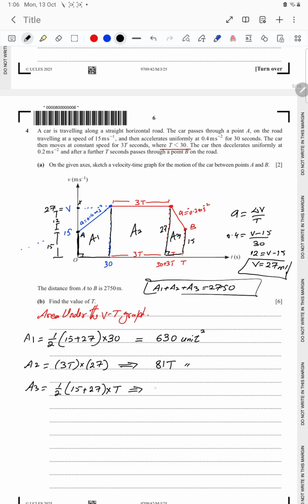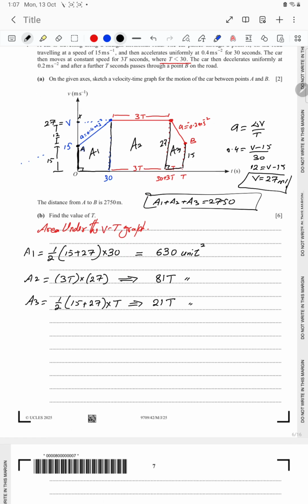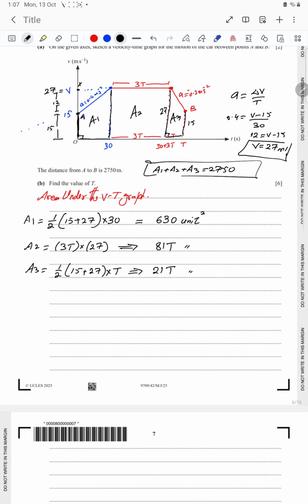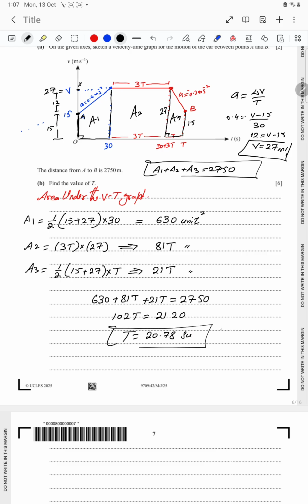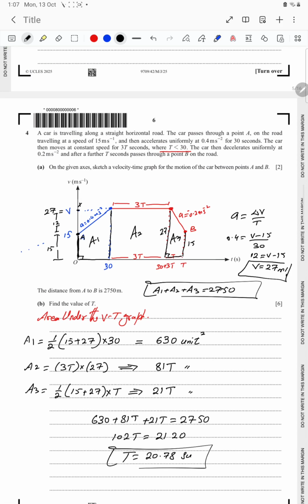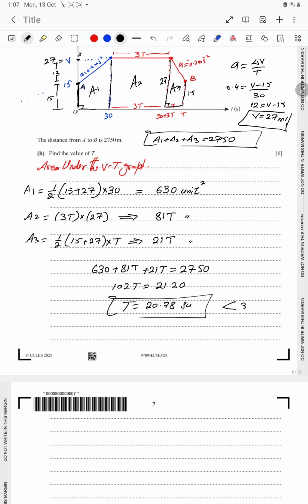I can calculate this; it will be 21t. Now I can apply the rule. It's a 6 marks question, but an easy question. 630 plus 81t plus 21t equals 2750. So 102t will give me 2120. So t will be approximately 20.78 seconds, and it is clear that your t must be less than 30.